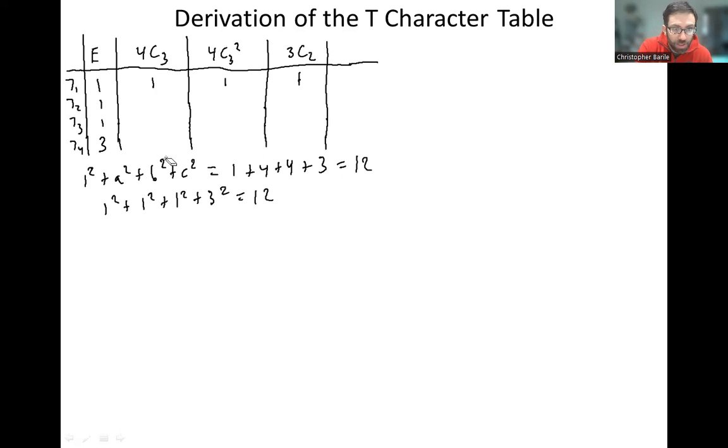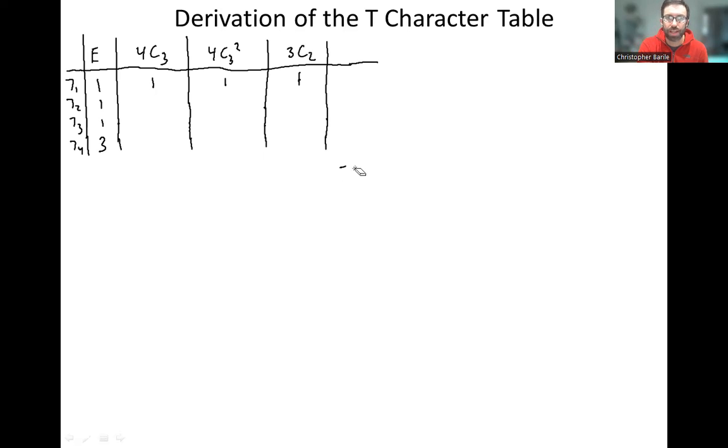All right, I'm just going to erase this so we have some more space. And so now what we're going to do is think about different functions. That's usually where we start off next in deriving the character tables. And we like to start with the linear function, so we start with the function x. And what we're asking here is now in T symmetry, does the x vector, right?